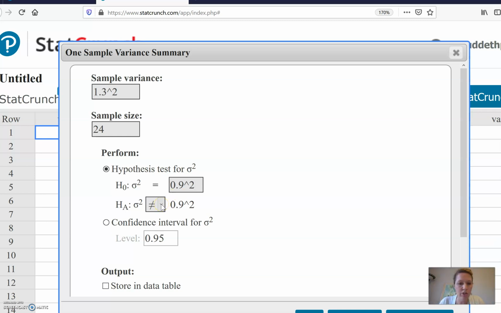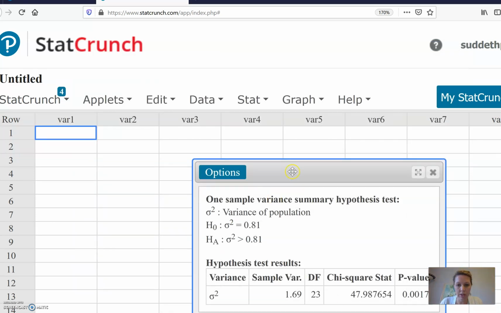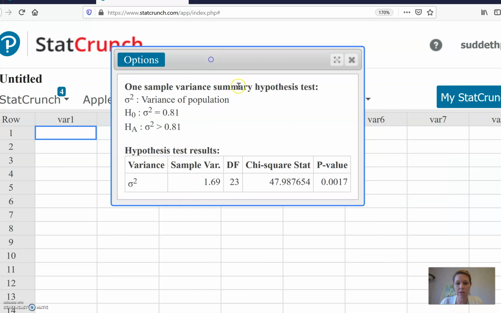To adjust our inequality, I go to HA and change it to greater than. I then hit compute, and there's the chi-squared test statistic, 47.987654. So that verifies our answer.